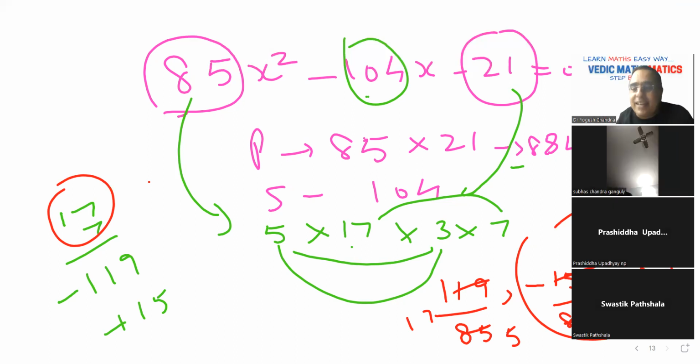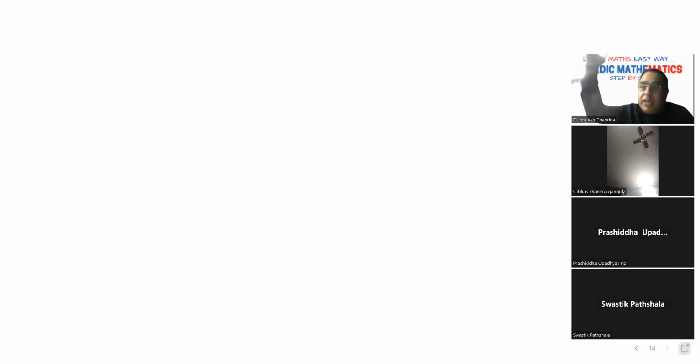Did you understand this? It's such a big problem, but just by presence of mind, just by a trick, you can easily solve. Otherwise, you keep on doing the factors of 8840. That's not practical. That's not possible.